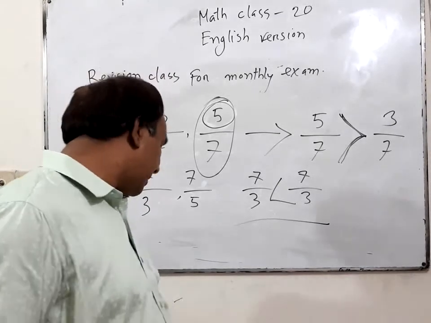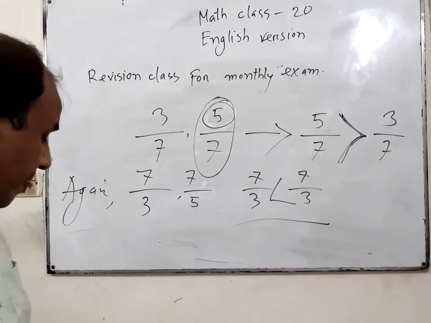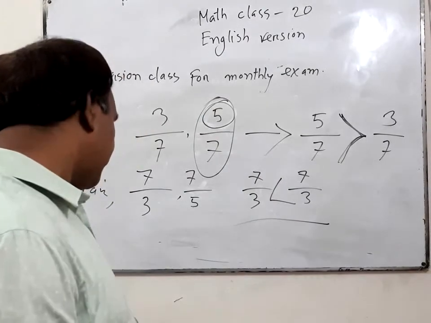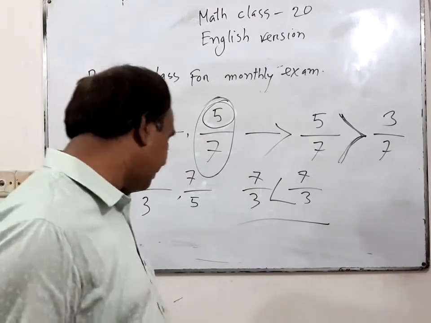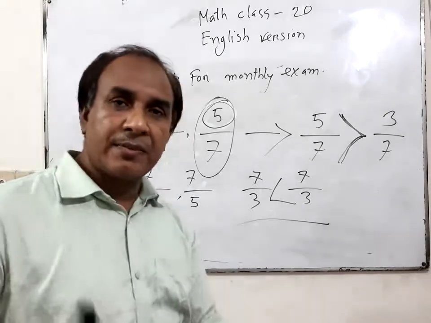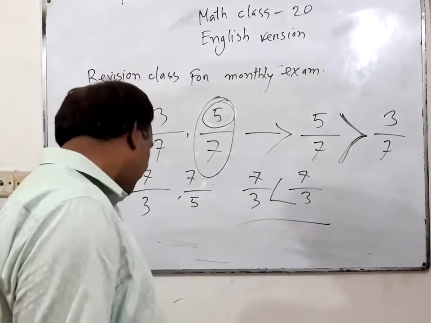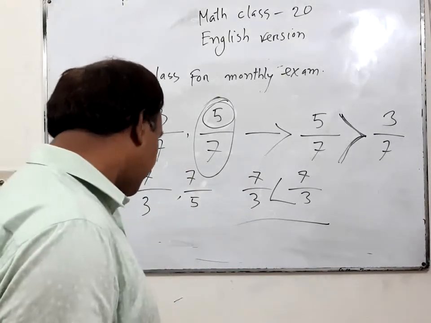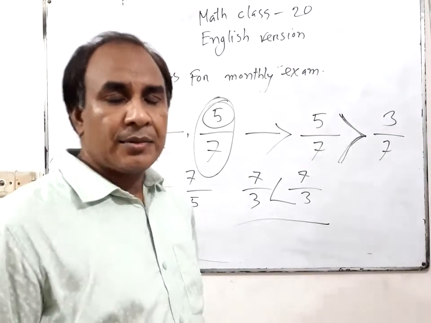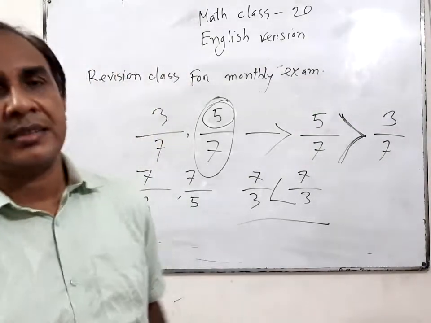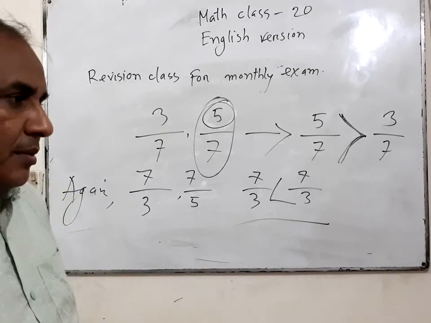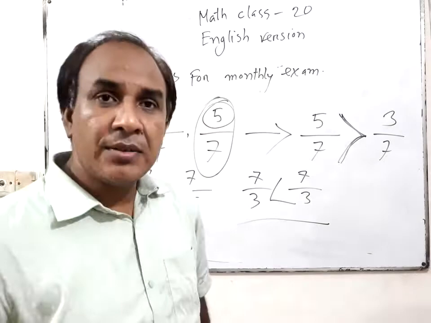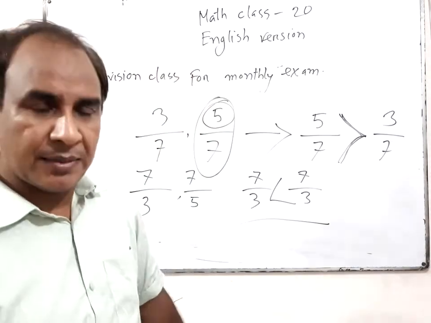My dear students, page number 27. In the previous class, Viraj sir already finished all this mathematics. I am just going to explain a little bit to you. Suppose I want to ask you this question: 1 quintal is equal to what? 1 quintal is equal to 100 kilogram.